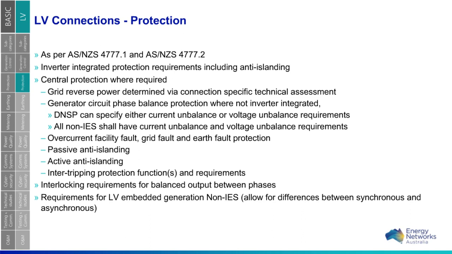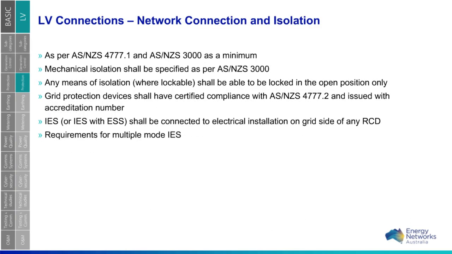As a part of LV connections, we should also mention interlocking requirements, as well as specific requirements for non-IES, which may not be covered under 4777. The network connection and isolation requirements will be as per 4777 and AS 3000 as the minimum.